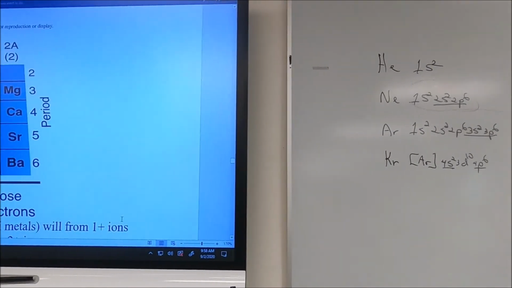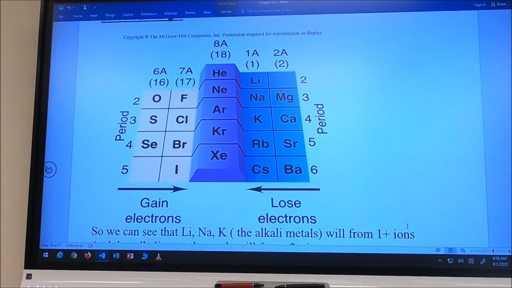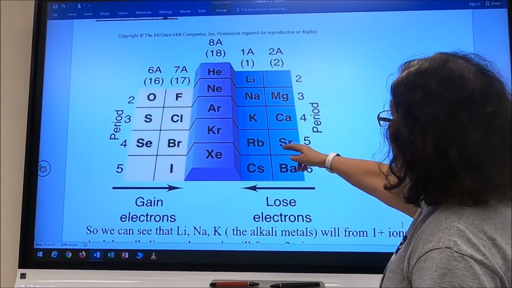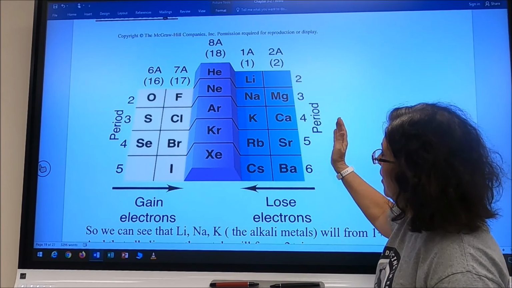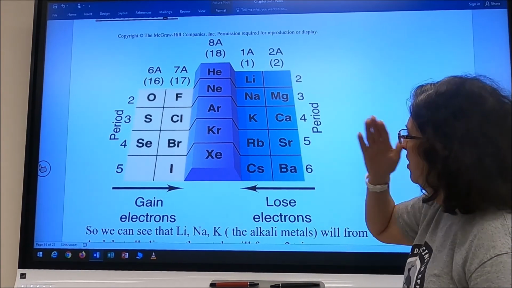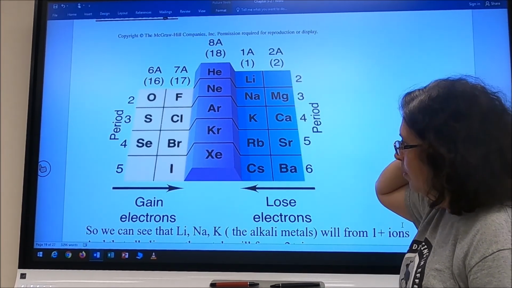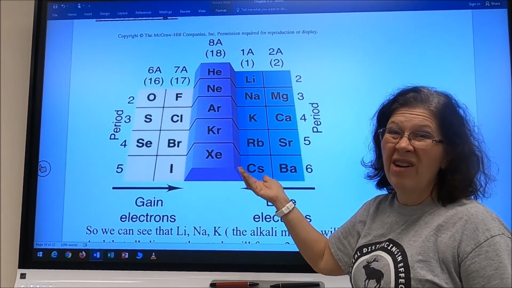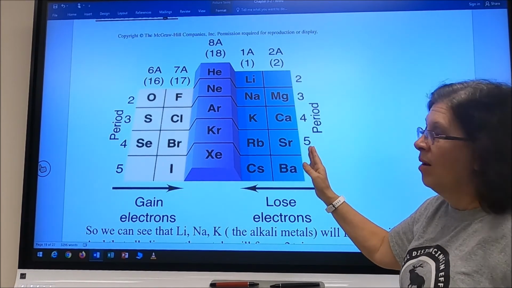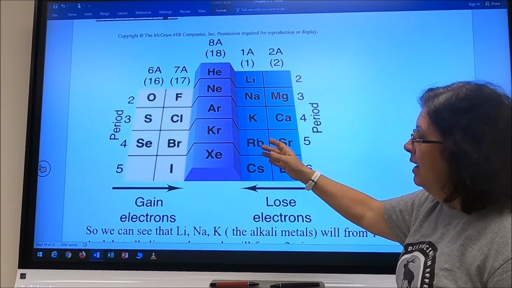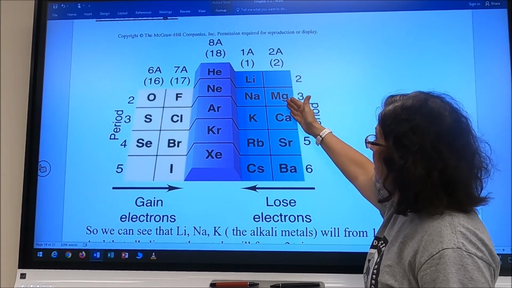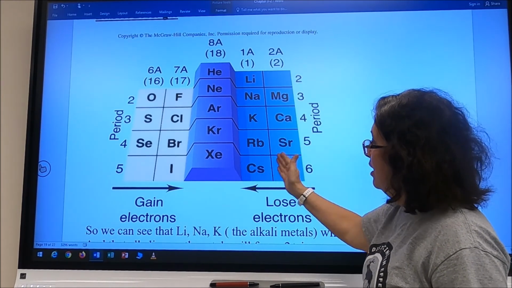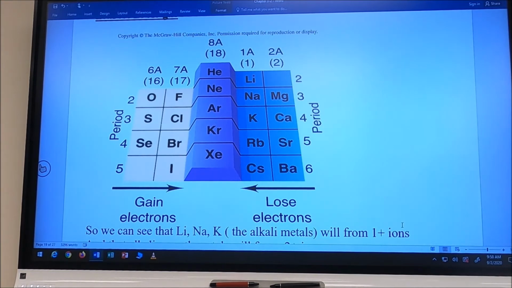Okay, so lithium, sodium, potassium, rubidium, magnesium, calcium, strontium are going to want to lose electrons to look like their nearest noble gas neighbor. We've just seen that lithium, sodium, potassium, rubidium, cesium are all going to lose 1 because they're 1 electron past their nearest noble gas neighbor in electron configuration. Magnesium, calcium, strontium, barium are 2. They're going to want to lose 2 electrons to look like their nearest noble gas neighbor.